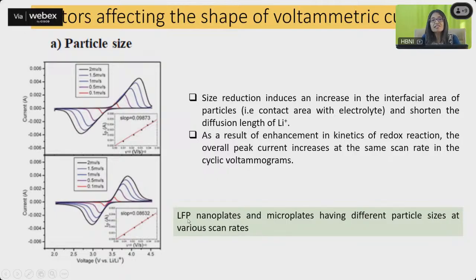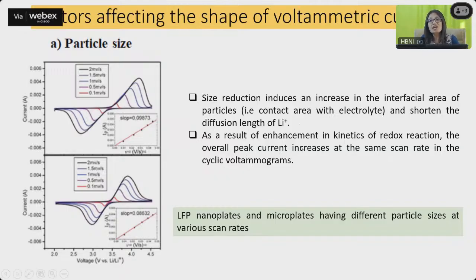So what is happening here? In this LiFePO4, in one case you have taken nanoplates, in the other case you have taken microplates. What you are seeing is that when you have a size reduction, it induces an increase in the interfacial area in the particles. That is, the contact area with electrolyte is increasing, and it is shortening the diffusion length of lithium ion.